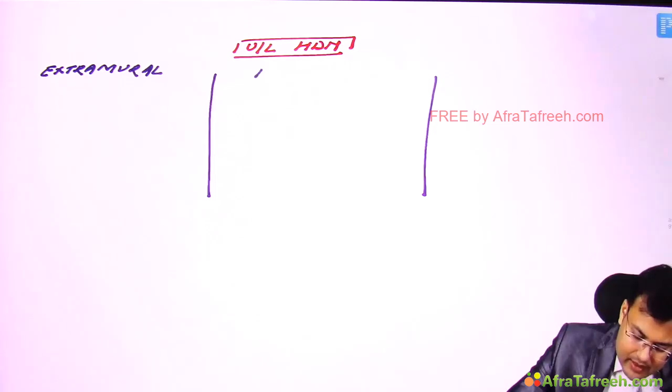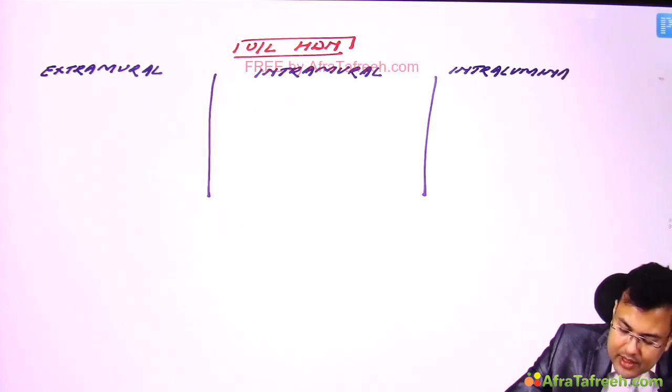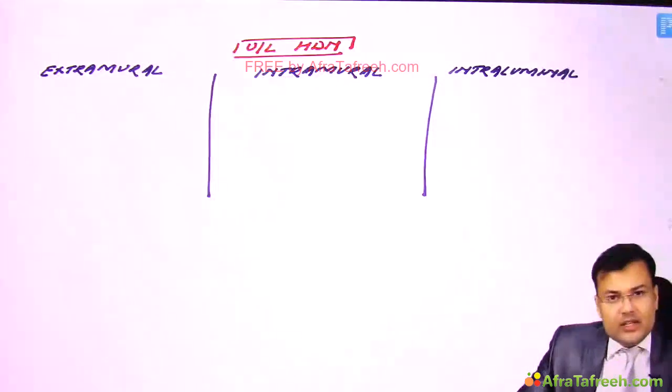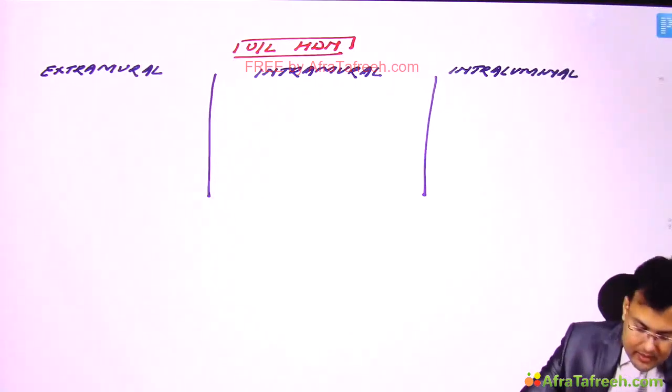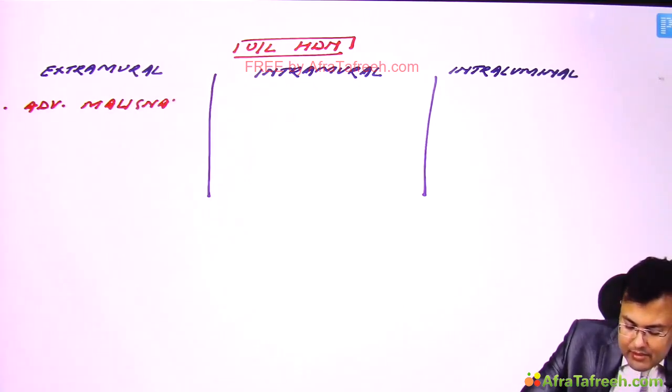It can be intramural, meaning in the wall of the ureter, and it can be intraluminal, meaning within the lumen there is obstruction. Generally these extramural causes are because of advanced malignancies.